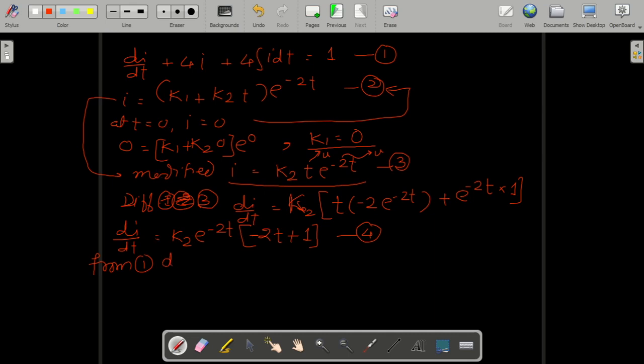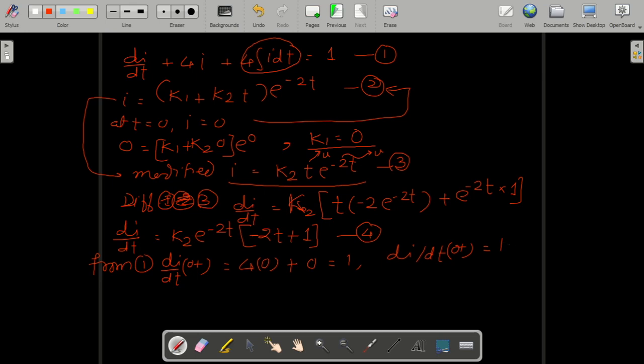From 1, di by dt from the initial condition, di by dt 0 plus, I am finding at the initial condition. So di by dt 0 plus equal to what will it be? The value of I is 0 plus. What does this whole term show? The voltage across the capacitor, how much is it? It is 0 only, right? Equal to 1. So I am getting di by dt 0 plus equal to 1.